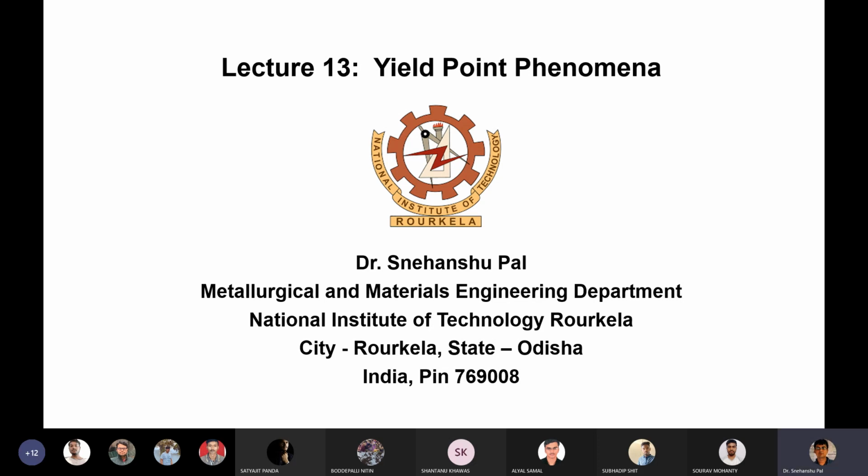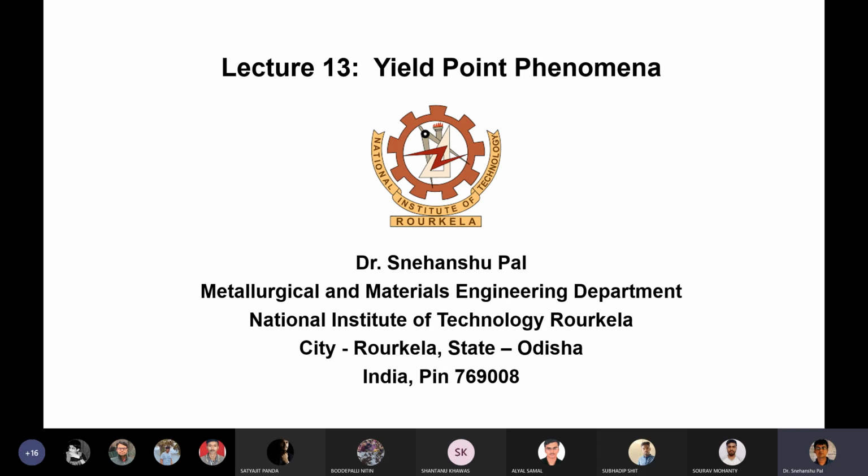You can tell that it is a deviation from the normal or general trend of stress strain curves, and it is seen mainly in mild steel or similar metallic systems or alloys. Suppose mild steel is deformed in tension, or you perform a tensile test on mild steel.